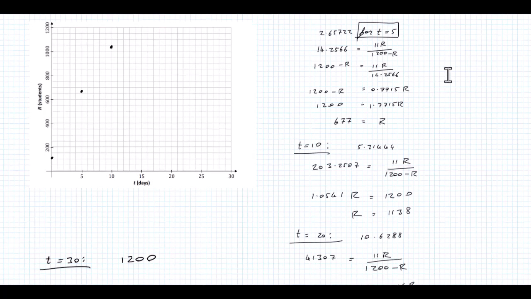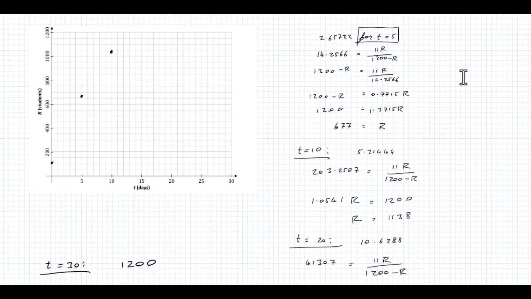And then T20, I've got 1200 effectively, so T20 is going to be just underneath the line here, and then T30 is going to be here. So it comes up along here and levels off. Oops, gone a little bit high there, but you get the idea. And that's really it for this question.